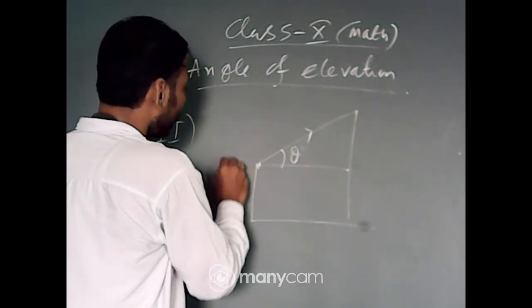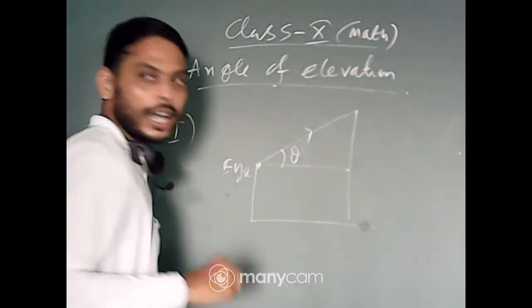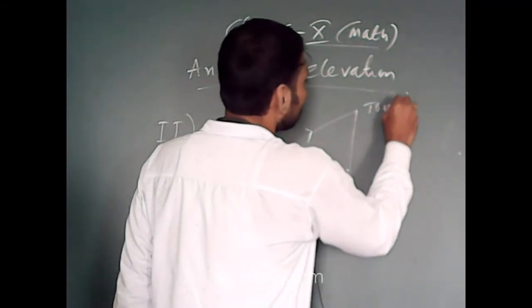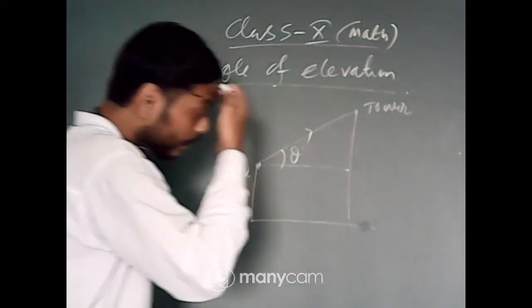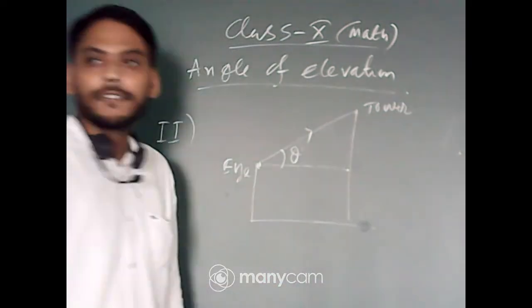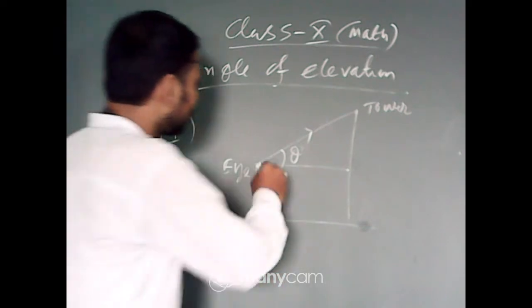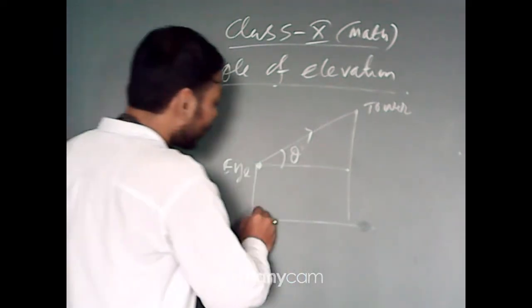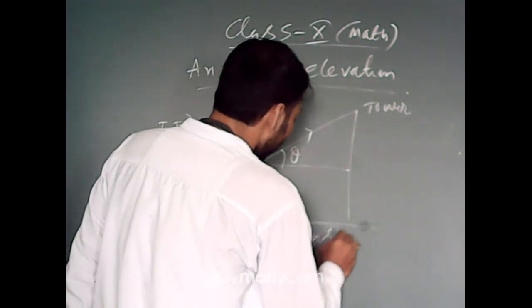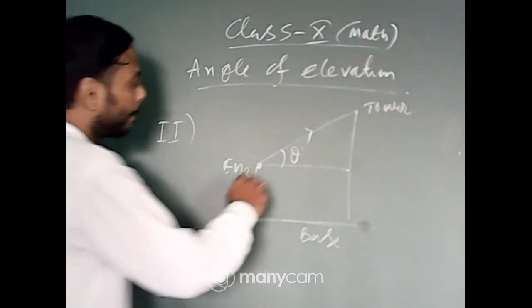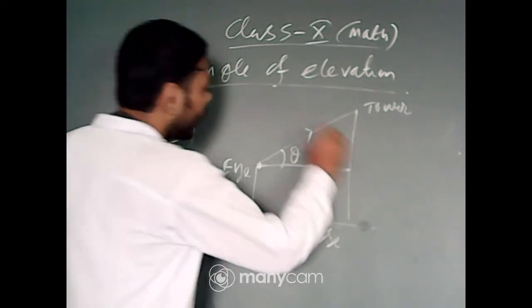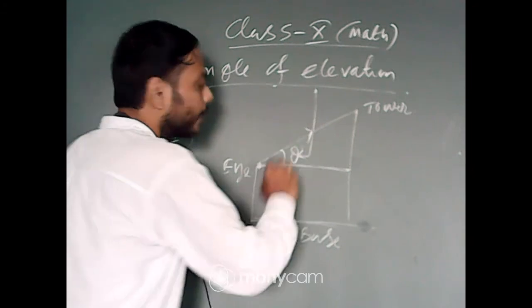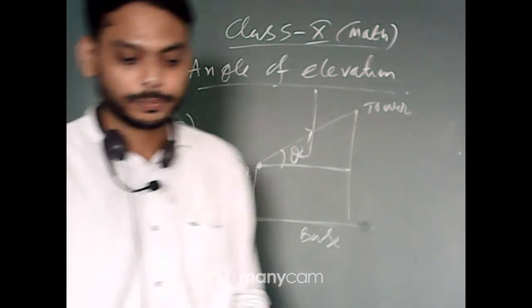You are here, your eyes, and you are looking from there to the top of the tower or temple. So the angle actually formed with the parallel to the horizontal or parallel to the base, this is the base, and the angle formed with the parallel to the base is again one kind of angle of elevation. Is it all right?